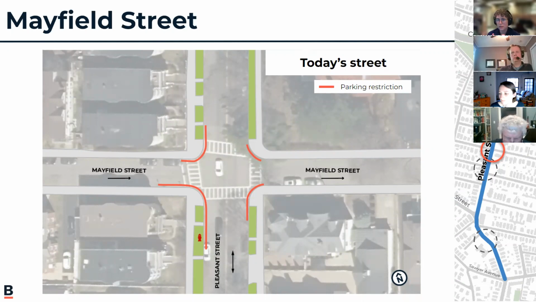In fact, we heard a few times that this was the spot where people started speeding up, I think on their way heading southward, and that on-street parking can block the visibility of pedestrians intending to cross. There are some existing parking restrictions, but again, as we've discussed, sometimes those aren't always observed.